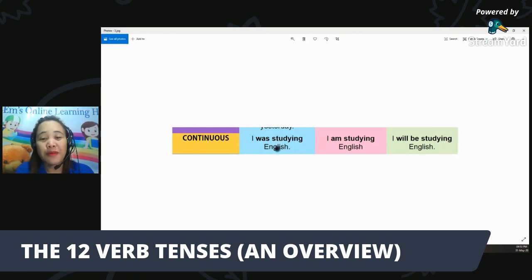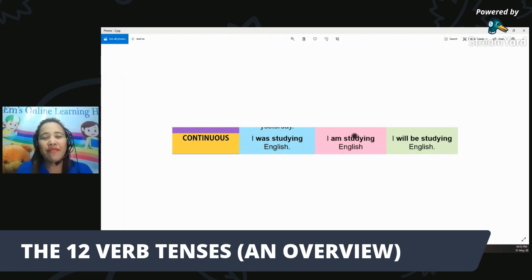It can also indicate persistent habits of the past with always, continuously, forever, etc. You can say, I was eating pizza when you arrived. So it indicates uncompleted action of the past, and it can also indicate persistent habits of the past with always or continuously, forever.